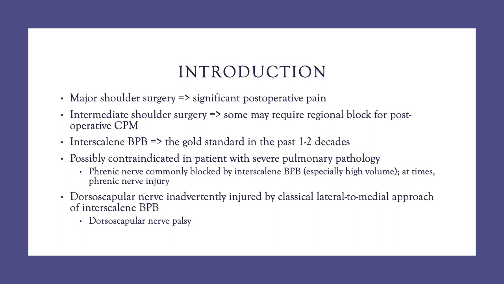And there are also two other nerves. One is the dorsoscapular nerve, another one is the long thoracic nerve. They are relatively overlooked by anesthetists, but they can be inadvertently injured by the classical lateral to medial approach. So I will further elaborate later.